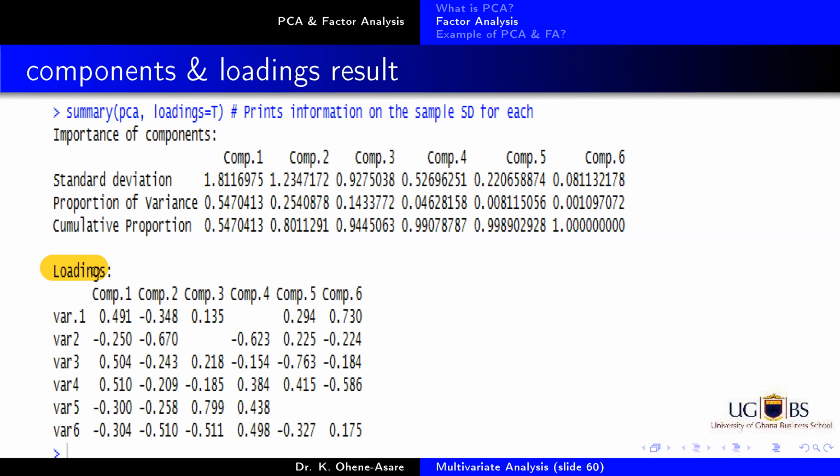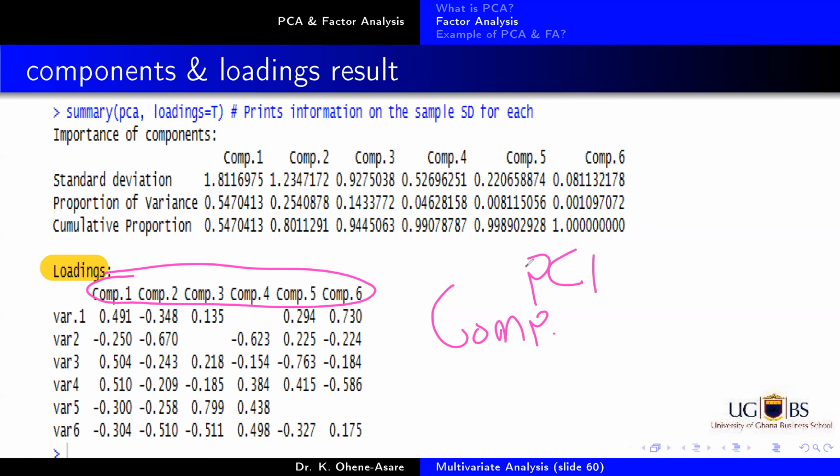We normally write principal components as PC1, isn't it? Now you will not write it as PC1, because when you look here, you will see that they've not written it as PC1. They've rather written it as Comp.1.